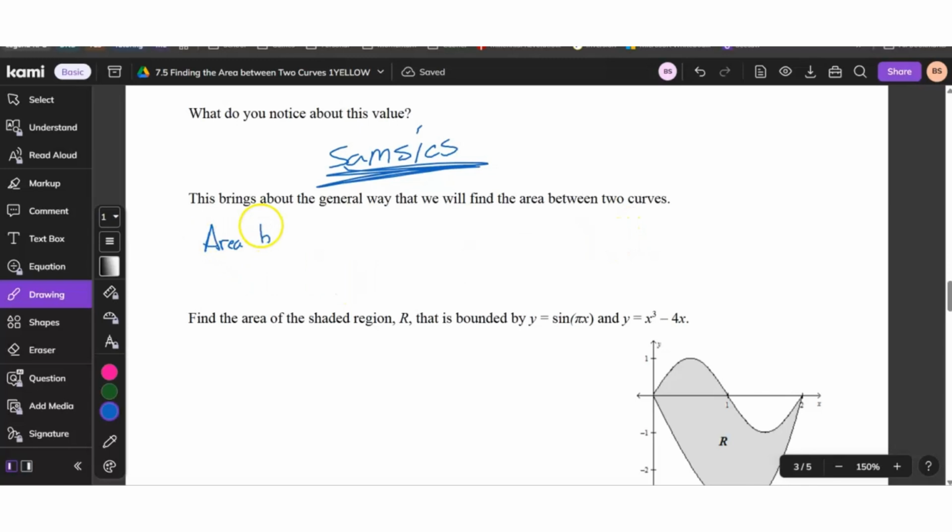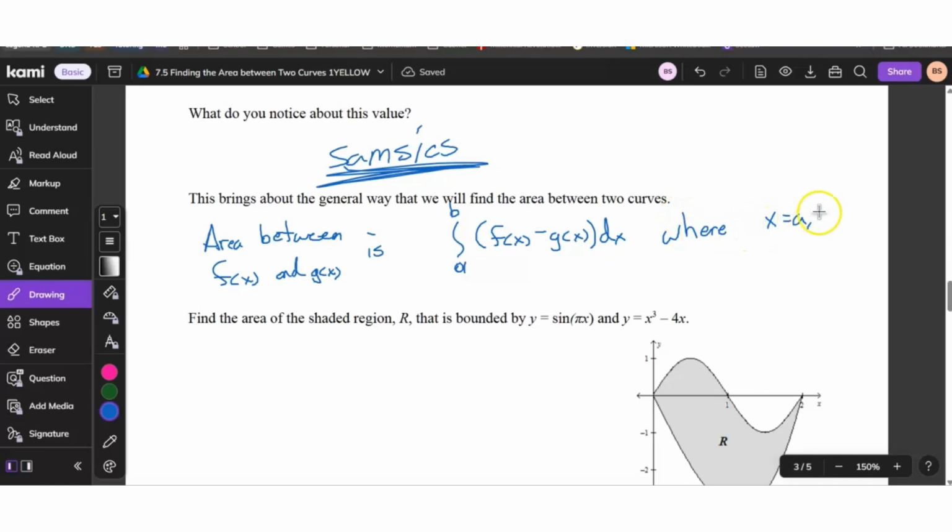So the area between f of x and g of x, where they're just any old functions, is always going to be the integral from a to b of f of x minus g of x dx, where x equals a and b are the x coordinates of the intersection of f and g.